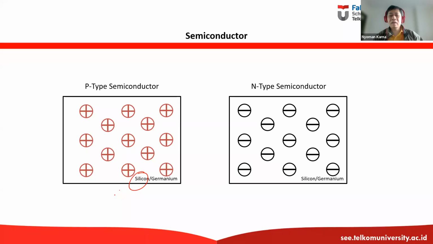So what is a semiconductor? It's something where we put in ions. An ion is an atom where we maybe add an electron or take out some electron, and then we put that ion into the silicon.